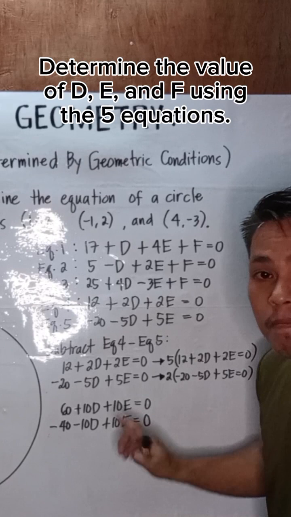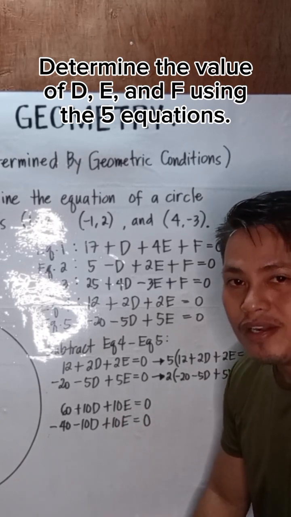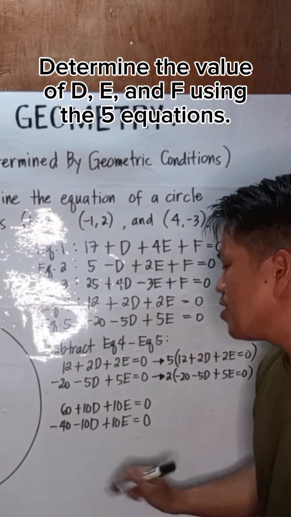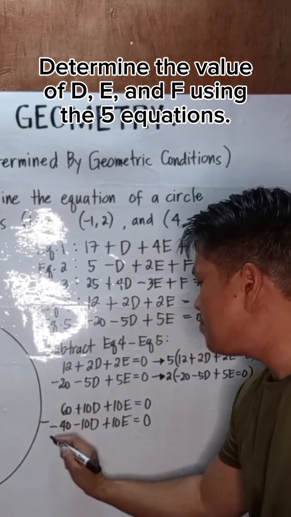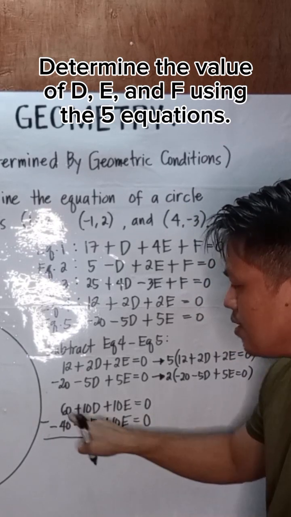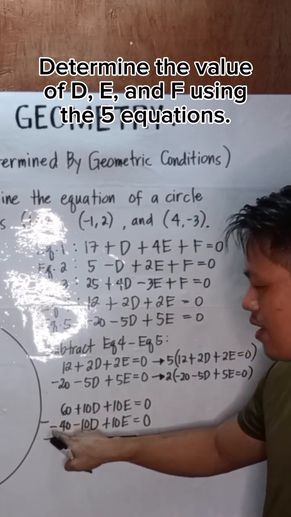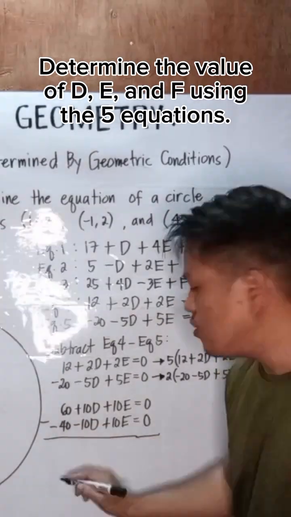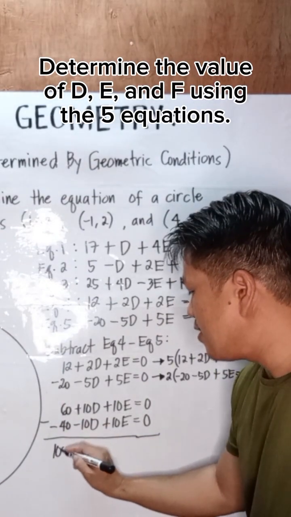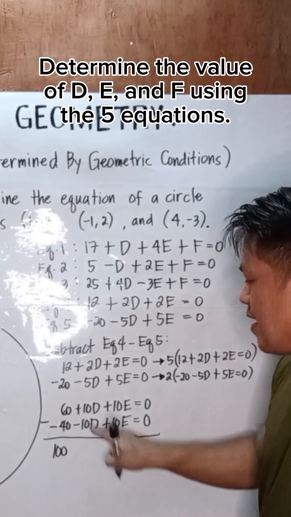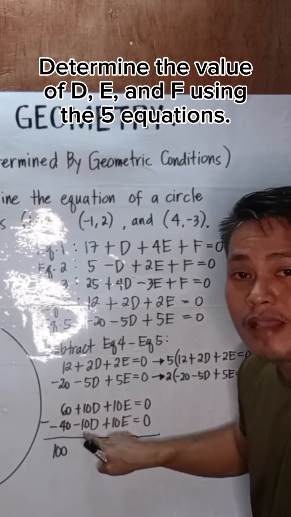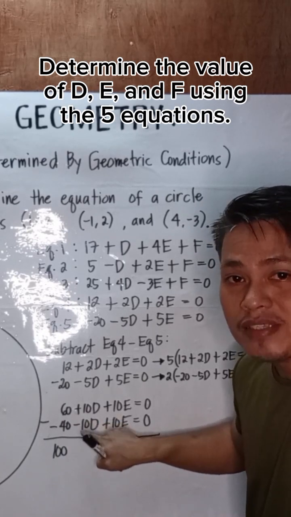Ayan. So, mapapansin natin, yung ating e ay parehas ng positive 10. Ibig sabihin, masasubtract na natin yan or makakancel. Ang matitira na lang ay value ng d. So, pag sinubtract natin yan, 60 minus negative 40 ay magiging 60 plus 40, which is 100. And then, positive 10 minus negative 10 ay magiging 10 plus 10.